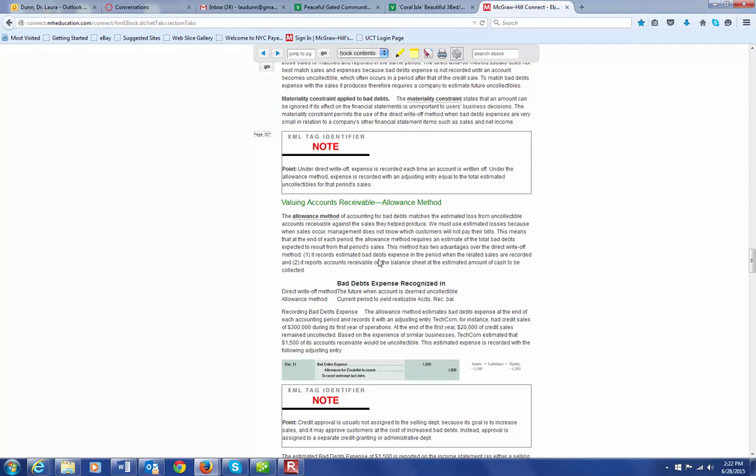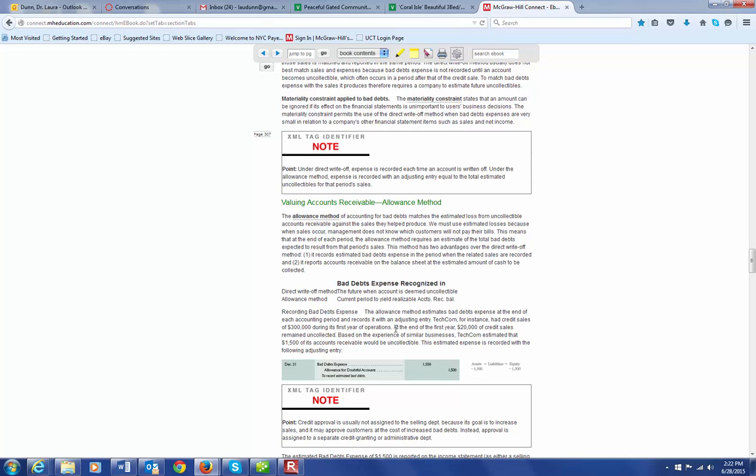It records the estimated bad debts expense in the period when the sales are recorded, and it reports accounts receivable on the balance sheet at the estimated amount of cash to actually be collected. So we get the expense in the right period, and we also get accounts receivable more exact because we're accounting for that possibility of losing some money because of bad debts.